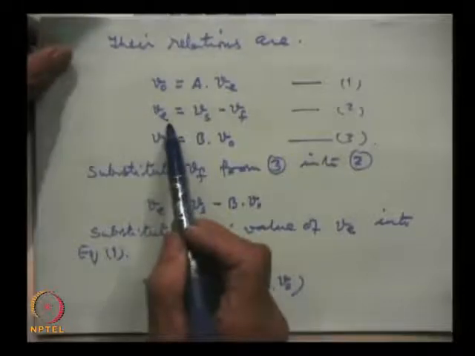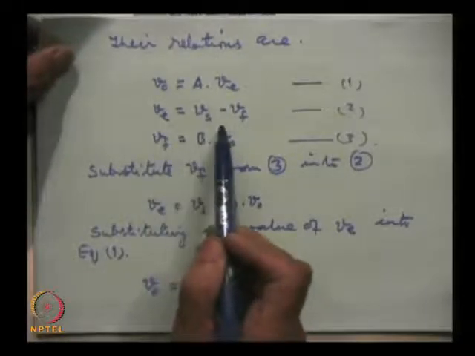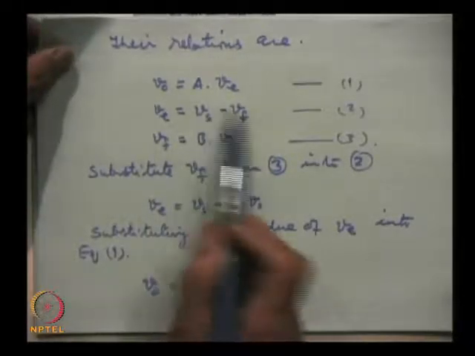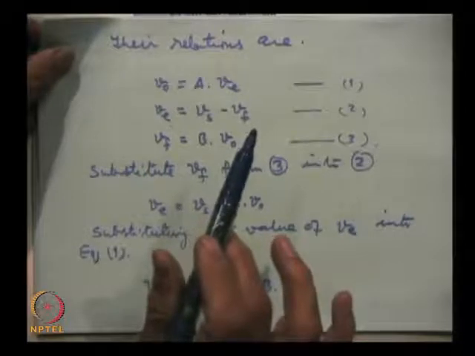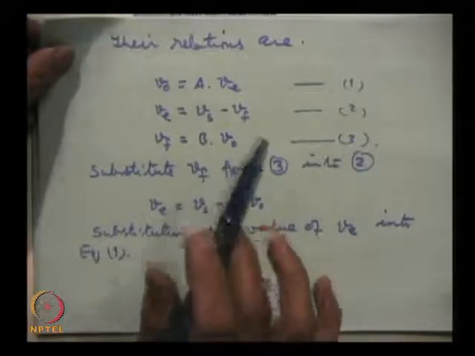And remember, A is the open loop gain and B is the feedback factor or gain of the feedback circuit. Now further, very important thing, I just remind that negative feedback we have already taken into account when we write VE equal to Vs minus Vf. So this minus sign itself shows that negative feedback is under consideration.